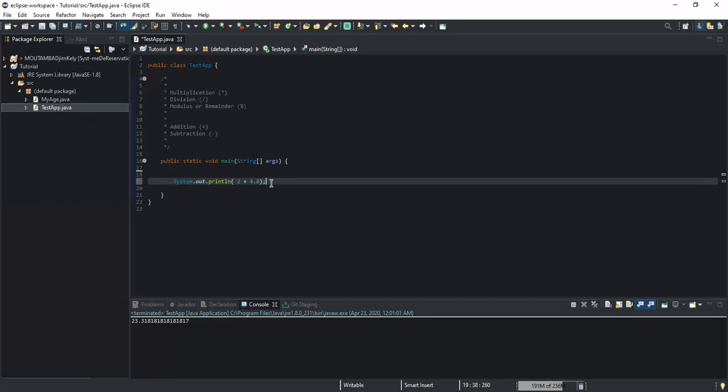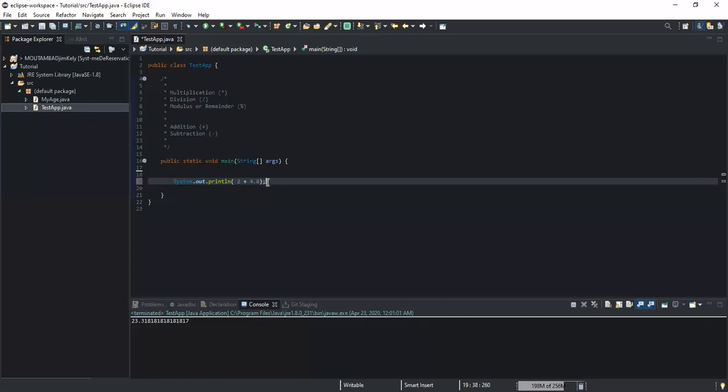The first rule that applies here is that if the operands of an operator are of different data types, which means that one is an integer and the other one is a floating point, when calculating, the integer number will have to be treated as a floating point number, and its decimal part will be 0.